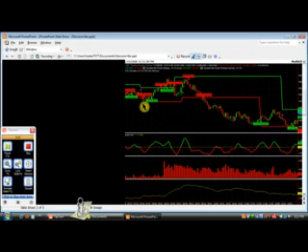Personally, I like to snap an 89 period simple moving average across my main chart, and when the price action is below the 89 period simple moving average, I usually concentrate on short trades, and the corollary is that when the price action is above the 89 period simple moving average, I concentrate on long trades. That keeps you in the trend.